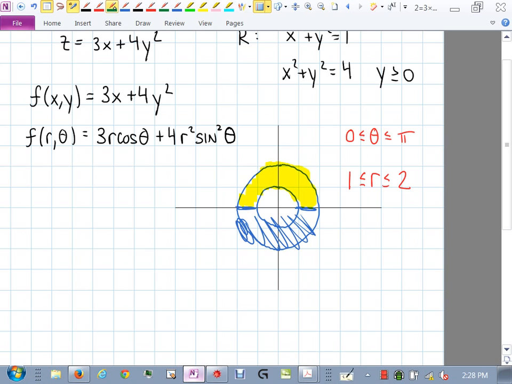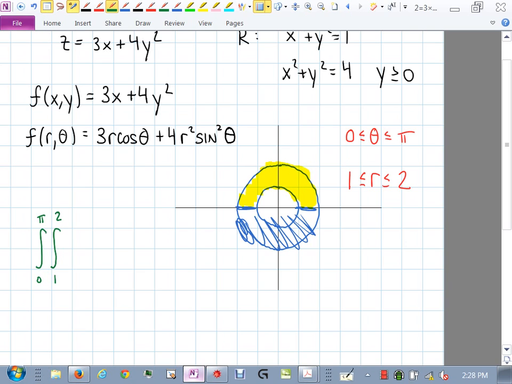I'll let you. Okay, so I'm going to go double integral. Let's do our theta first. We're going to go from where to where? 0 to pi. Our r will be 1 to 2.